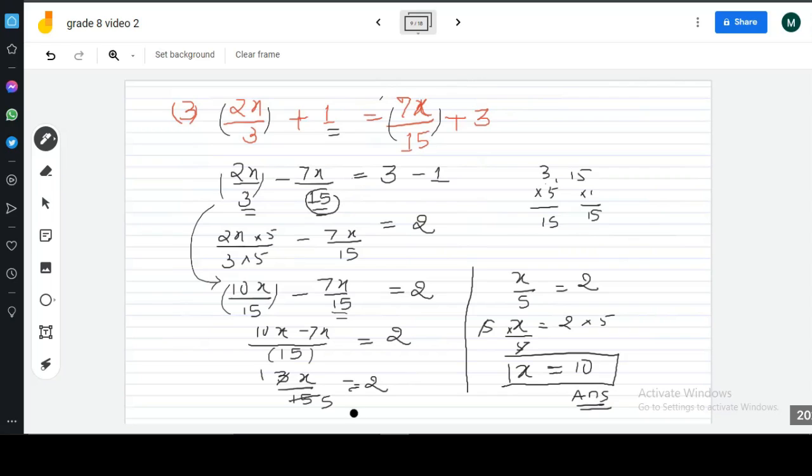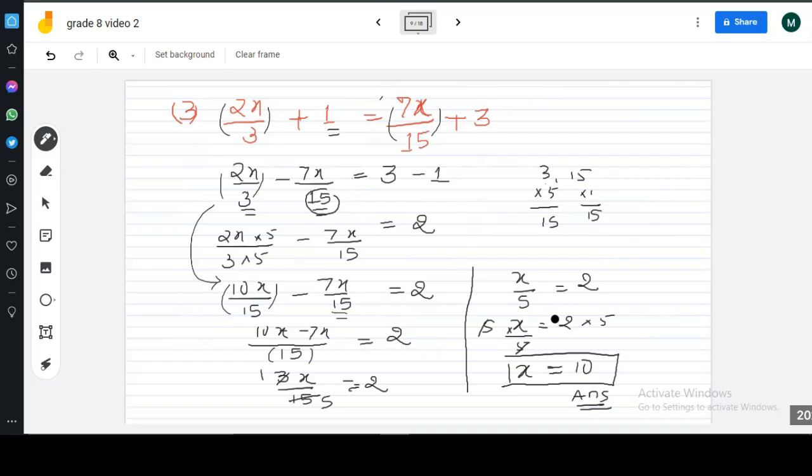So again, to remove this 5 from the left side to the right side, we need to multiply by the same number. That is, to cancel 5, we need to multiply by 5 on both sides, so that this 5 from the left side will get cancelled. It makes this variable x free from any coefficient other than 1.